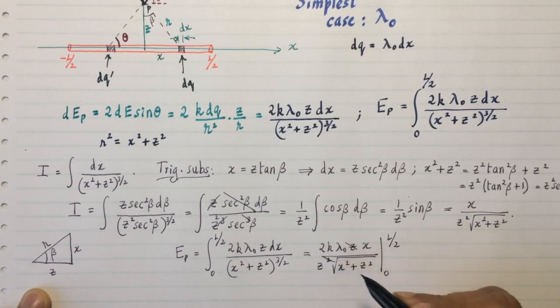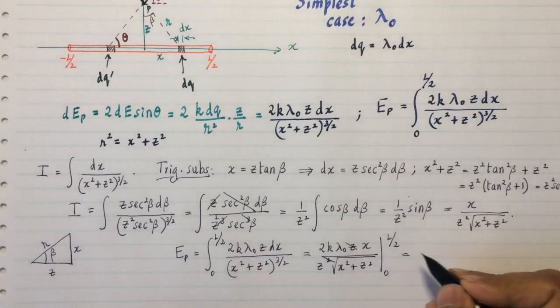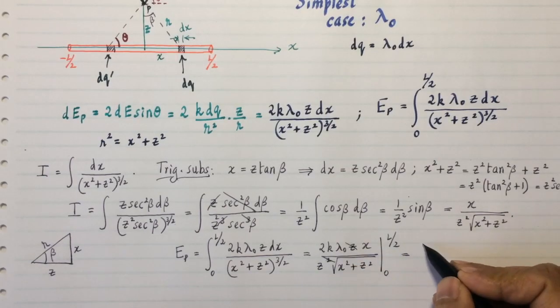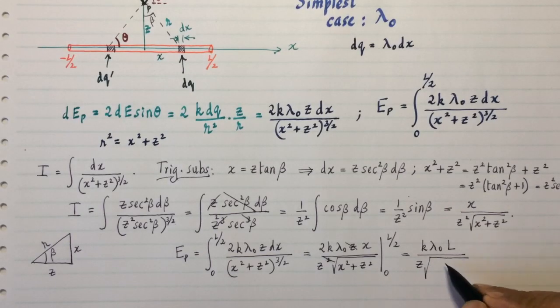One of the factors of z cancels out, and you can find out what this is. It's not particularly enlightening. Let me do it here. The 2 will cancel out with the halves, so I get k lambda naught L over z square root of z squared plus L squared over 4.